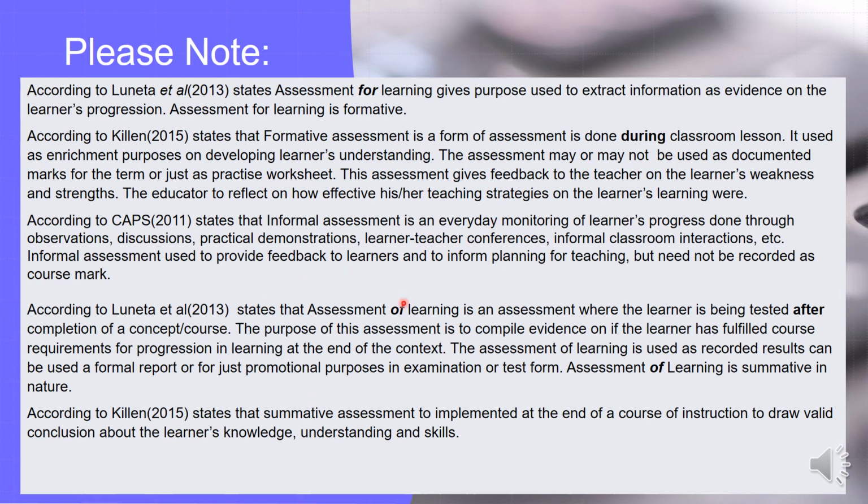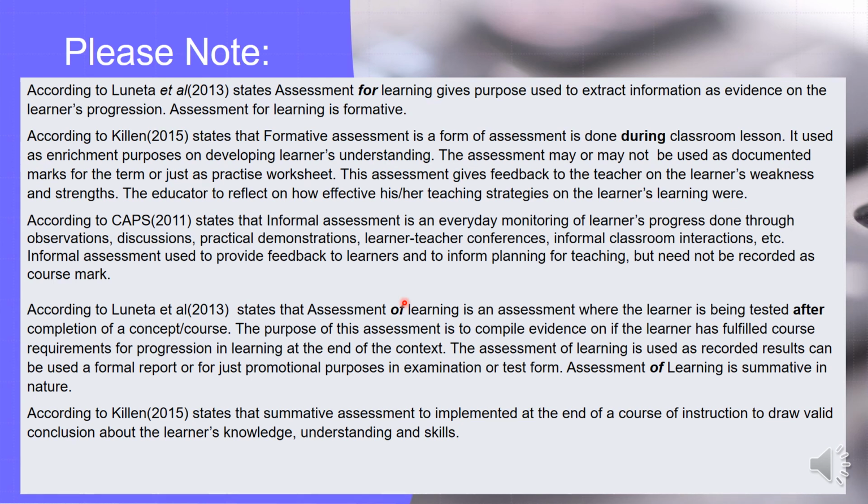Now, the end of the year, the end of content, the end of course, the end of term is when we talk about the assessment of learning, because now we are collecting evidence of how the child has done. Have they met the requirements of progression at the end of the course?